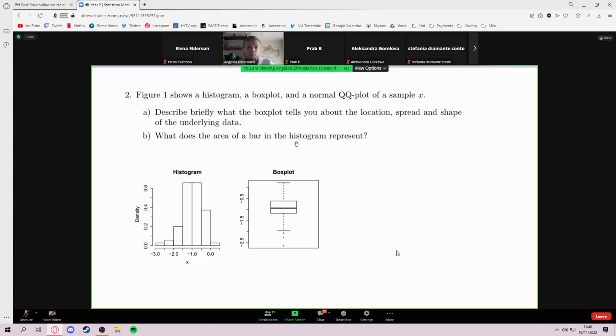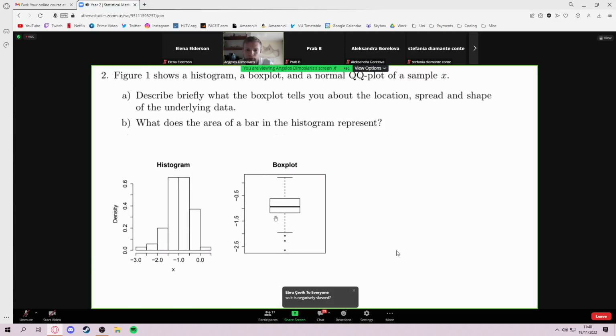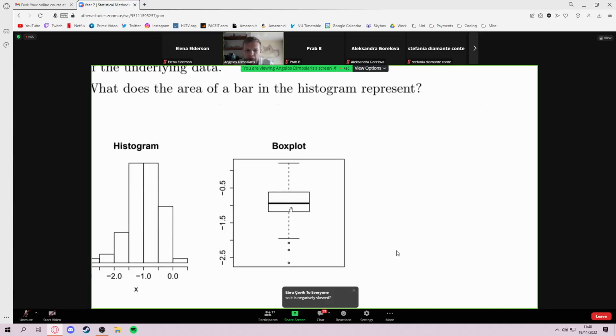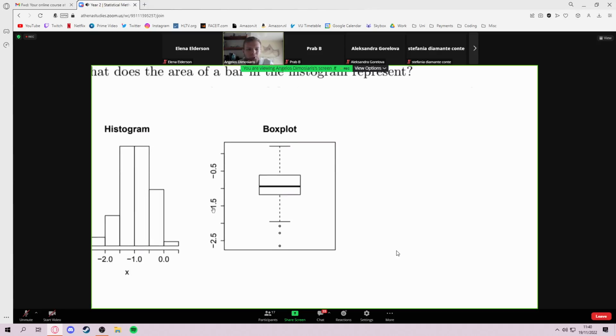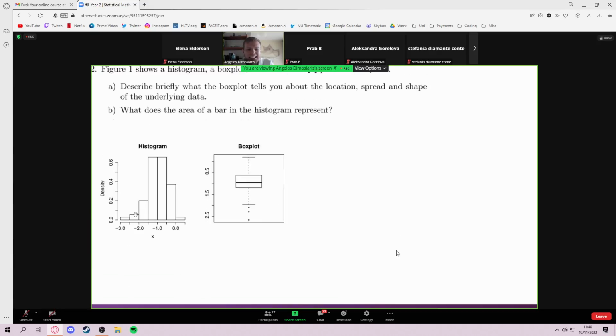And what does the area of the bar in the histogram represent? So it's negatively skewed here. I would say, I mean, you can also look at the histogram on the left. Do you think it's negatively skewed? No, I would say it's kind of normally distributed data.